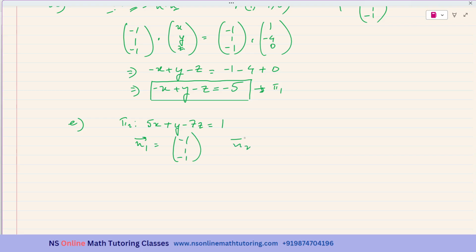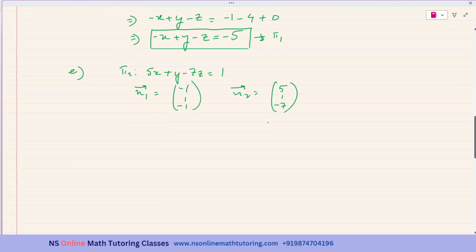And n2 is equal to 5, 1 and minus 7. And if we do the dot product of these two vectors, what do we get? We get n1 dot n2 equal to the magnitude of the vector n1 times the magnitude of the vector n2 times cos theta.